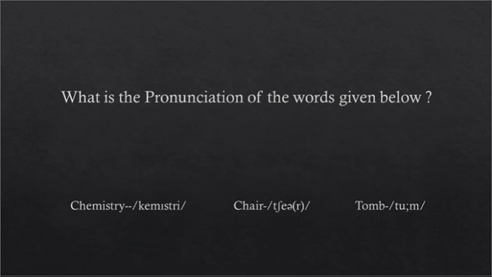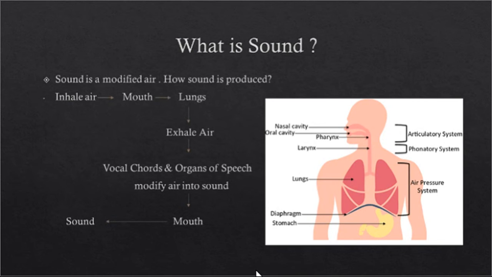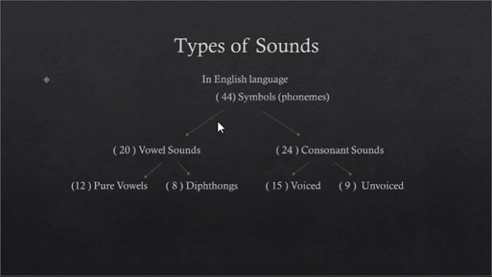There are lungs where this air goes, and when this air comes back, with the help of these vocal cords and with the help of these organs of speech, lips, upper teeth, lower teeth, teeth ridges, tongue, all these organs of speech modify this air into sounds, and two kinds of sounds are produced, which are vowel sounds and consonant sounds.